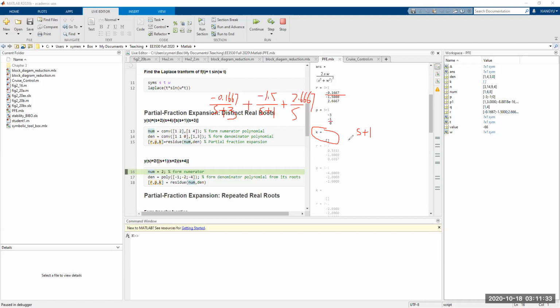In this case, K is not empty. But for a control system, the order of the denominator is greater than or equal to the order of the numerator. So in general, K is empty.